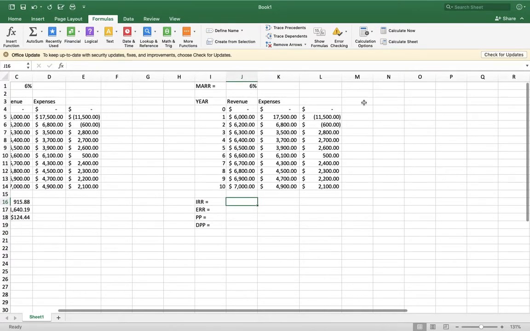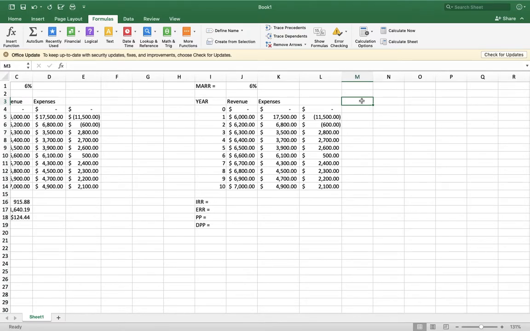So, what we're looking for here, we need to calculate the cumulative and the discounted, and then the cumulative discounted.